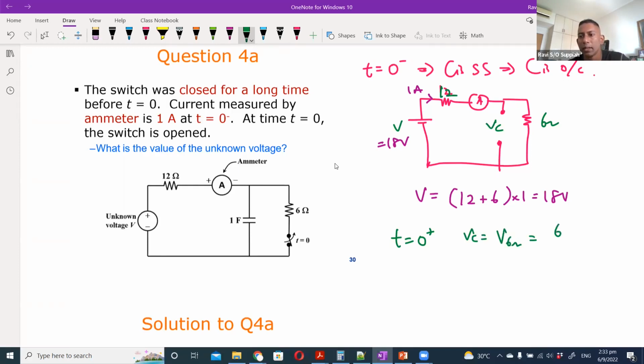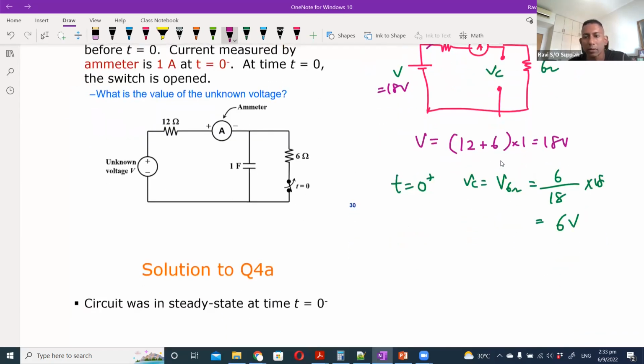By a simple voltage divider rule, you get 6 volts. So we know that when I flip the switch, the voltage across the capacitor is 6 volt. If I were to redraw it now, I have 18 volt here, a 12 ohm resistor, an ammeter here, and a capacitor, and this capacitor is at 6 volt.